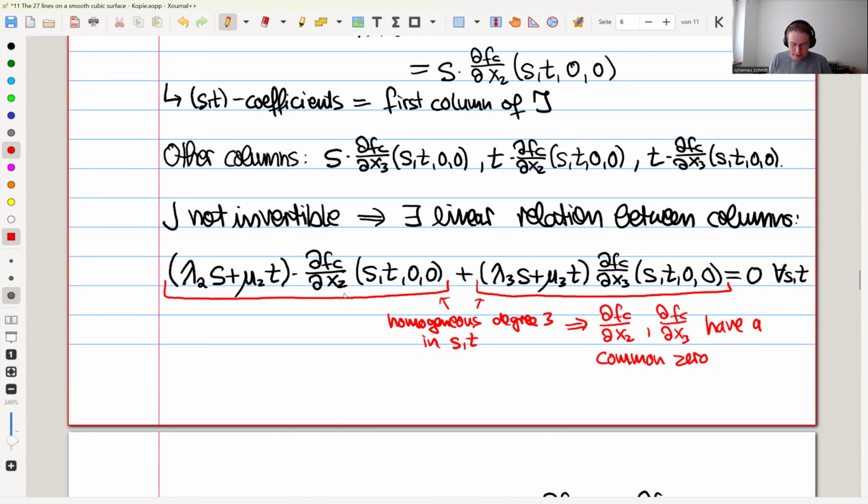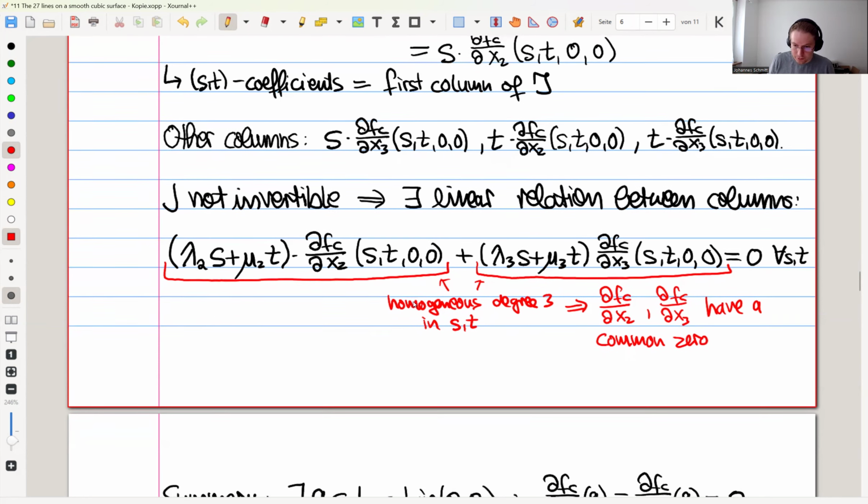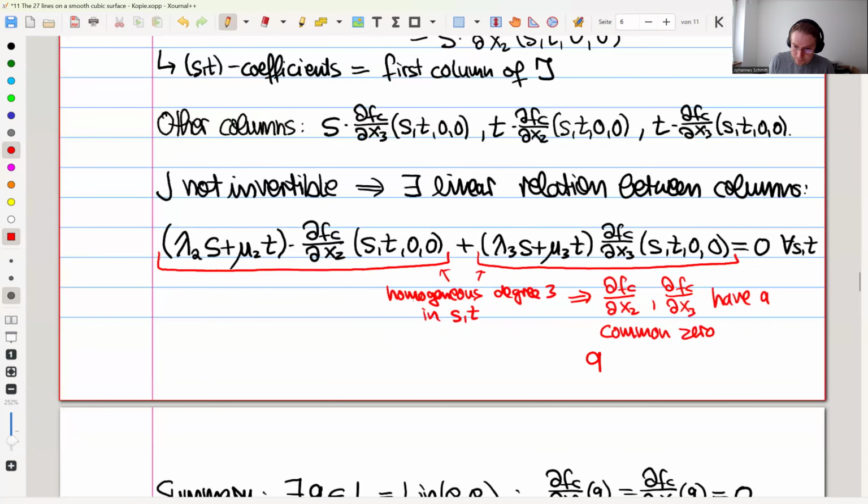Because, as polynomials in S, T, they must decompose into linear factors. And you see, this decomposes into 2 linear factors. One of them could be this one, but the other one must be one of the 2 linear factors here. There's not enough room left for this to contain both linear factors here. So there must be one shared between those 2. But having a shared common linear factor just means they have a common 0 at some point (s, t). So in other words, this must have a common 0, and let's call this point q.